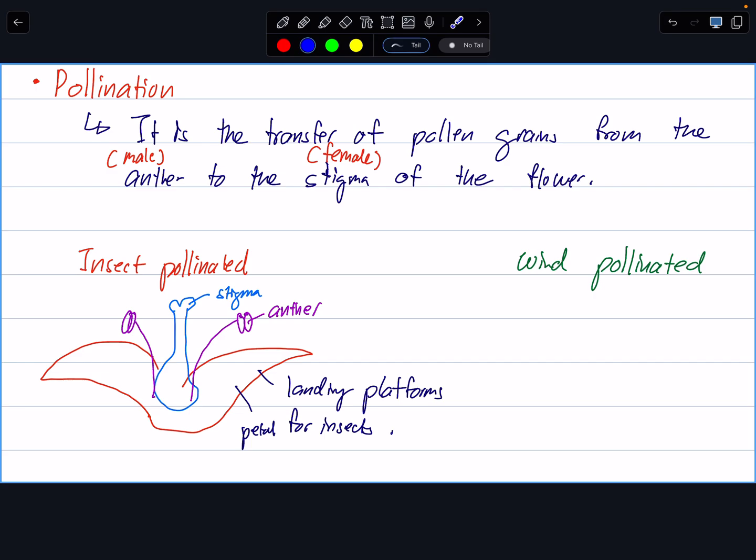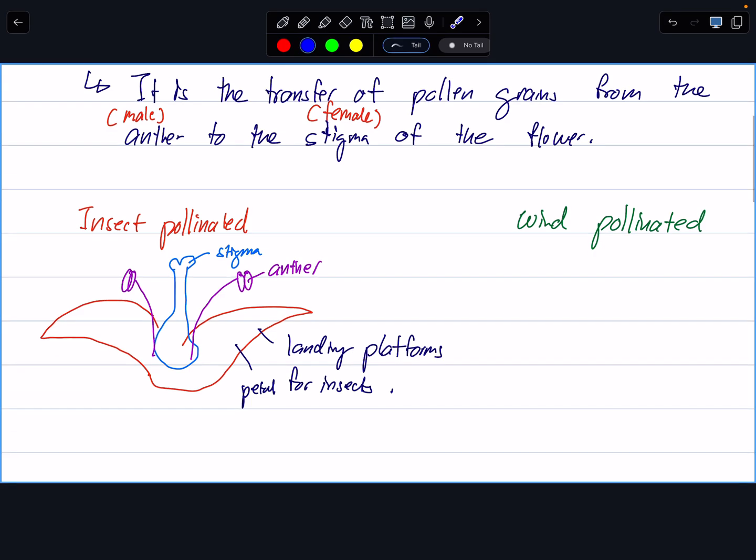Wind pollination, okay? Basically, you will notice that the petals are very small or even non-existent. Sometimes the flowers are very small, because they don't need a platform. Sometimes the anthers are hanging out and the stigma is also hanging out. The reason why is because you need to compare.